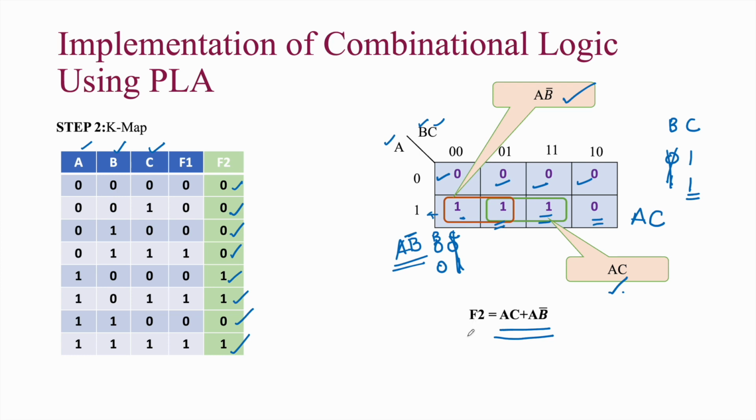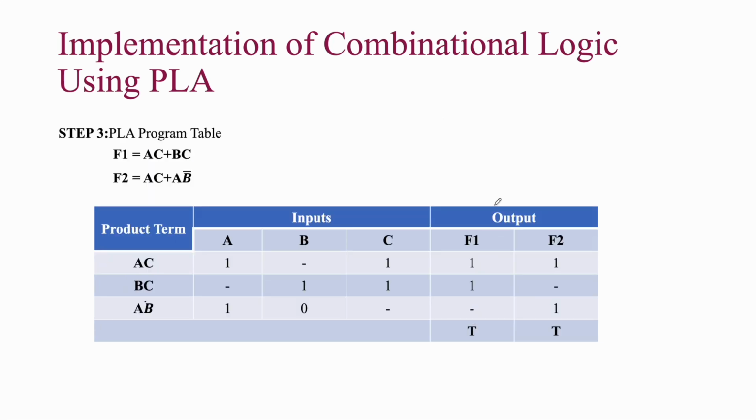So, step 2 is over. This is the third step. We have to create a program table for the PLA. Right now we have derived an expression which has AC plus BC for the function F1, and similarly for function F2 we have AC plus AB bar.